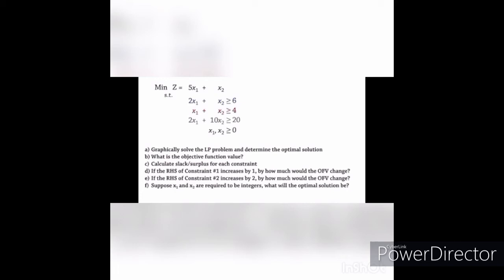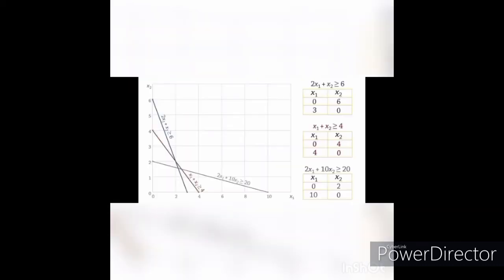First, we have to solve the LP problem and determine the optimal solution. For constraint 1, when x1 is equal to 0, x2 is equal to 6, and when x2 is equal to 0, x1 is equal to 3. For constraint 2, when x1 is equal to 0, x2 is equal to 4, and when x2 is equal to 0, x1 is equal to 4.